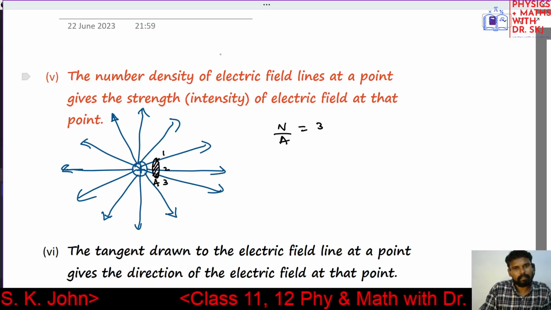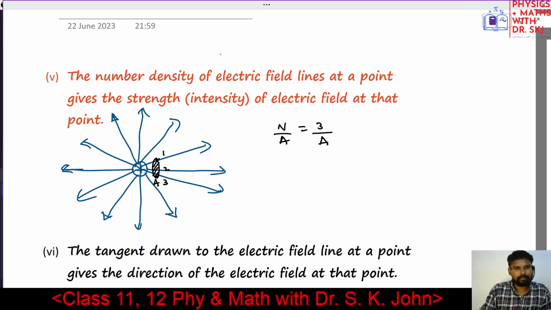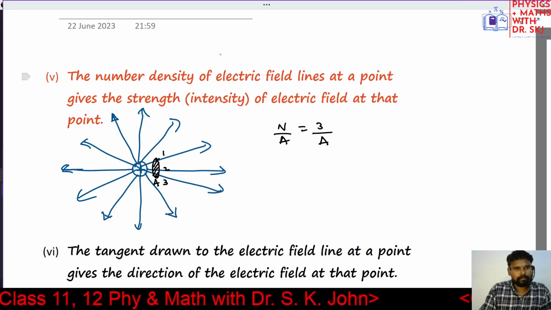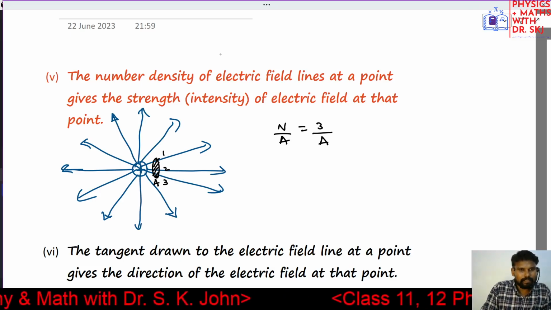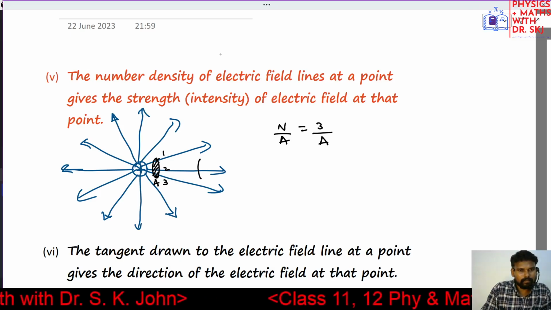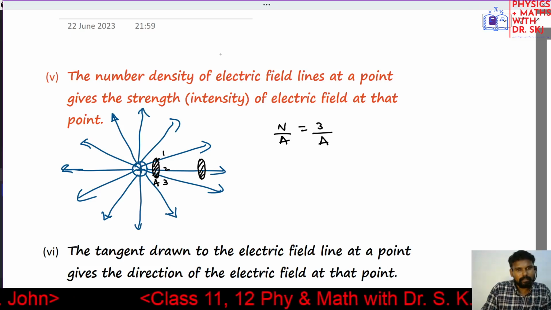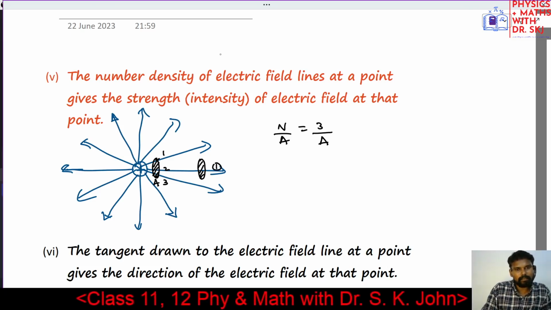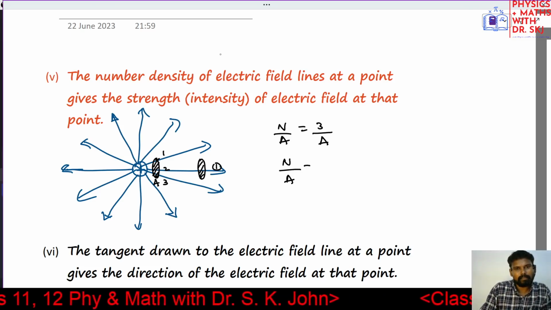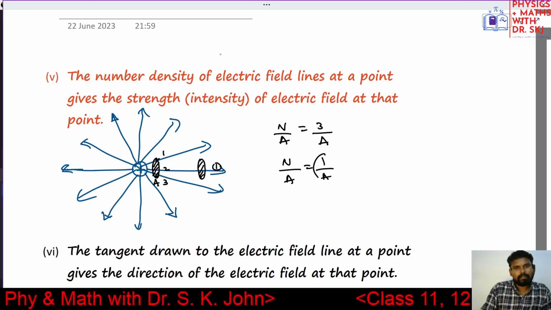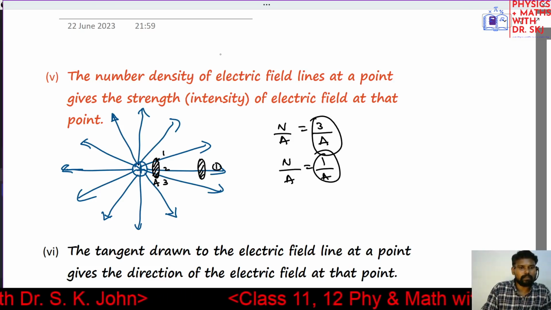So it is 3 per that area. And if you consider the same area here, only a single line is passing through it. So here the number density will be 1 by A only. It is reduced to 1 by A. It was 3 by A very close to this charge.